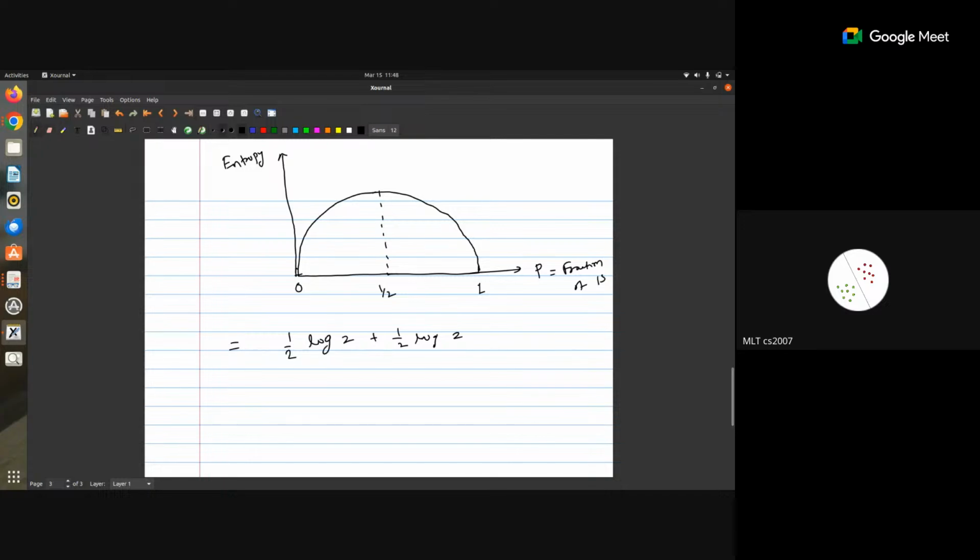Log base 2 of 2 will become 1, right? Then half plus half equals 1. But if the base is e or any other base apart from 2, then it will not turn out to be 1. It will have some other value, correct?